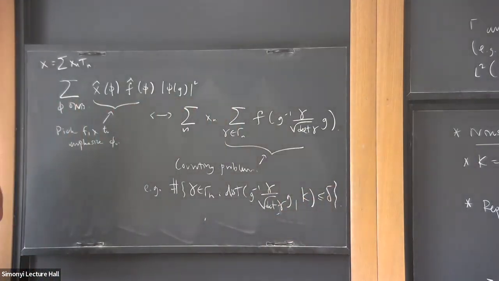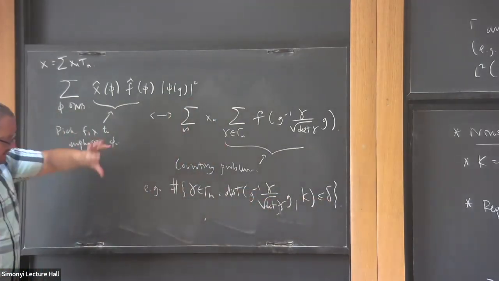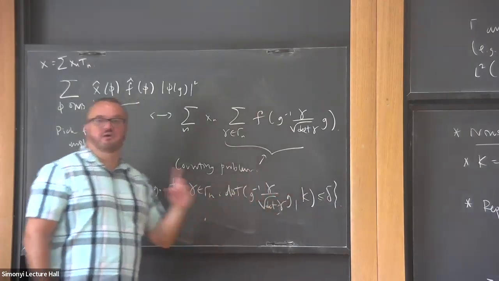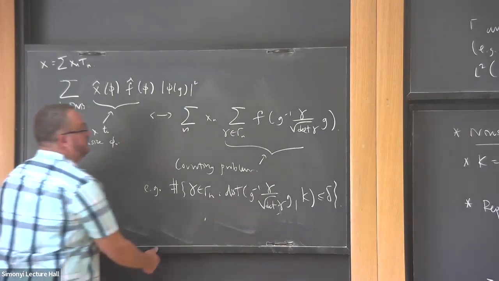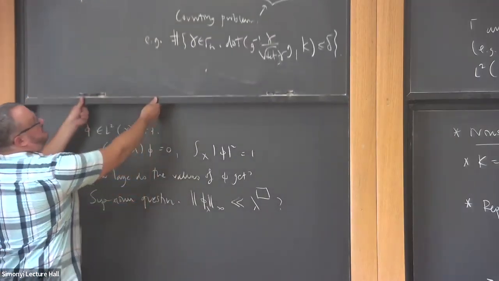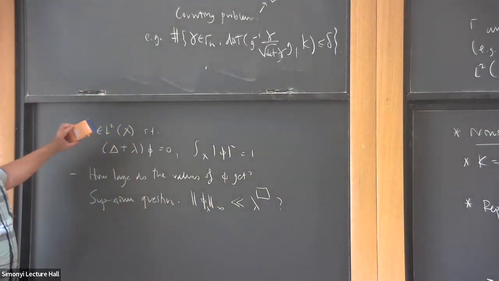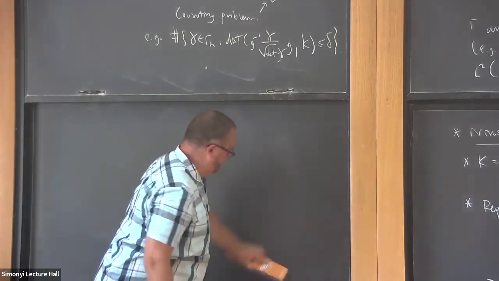So you give yourself a small distance delta, and you need to understand for how many Hecke correspondences this falls within delta of K. Right? So this is the classical counting problem that you encounter in the spherical sup-norm. Any questions before I actually say what we have to do?